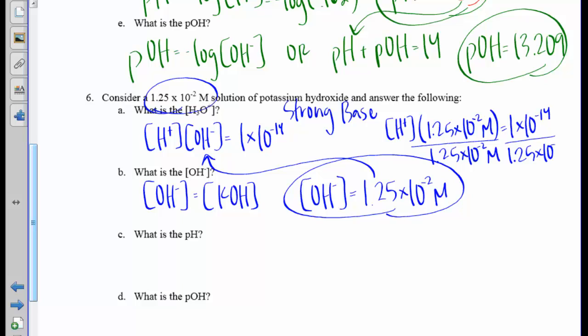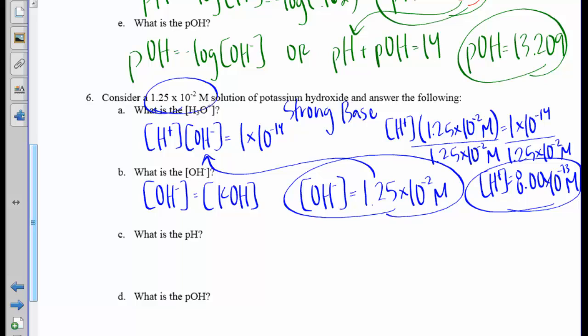And I calculate the hydrogen ion concentration to be 8.00 times 10 to the minus 13 molar. Now that I have both the hydrogen ion concentration and the hydroxide ion concentration calculated, I can easily find the pH and the pOH.